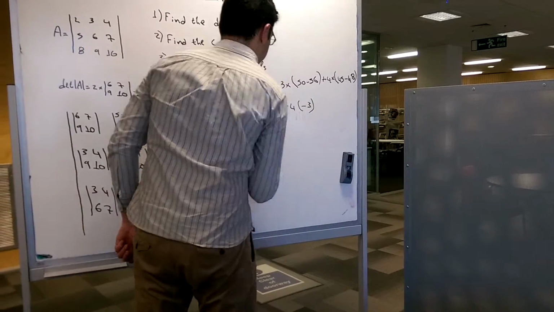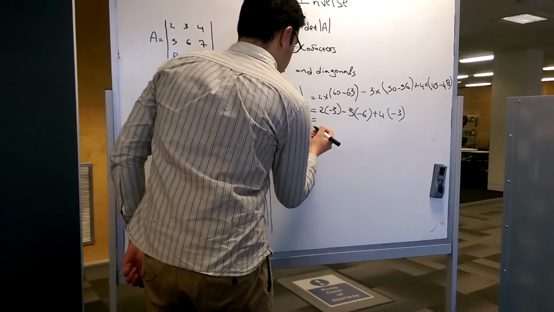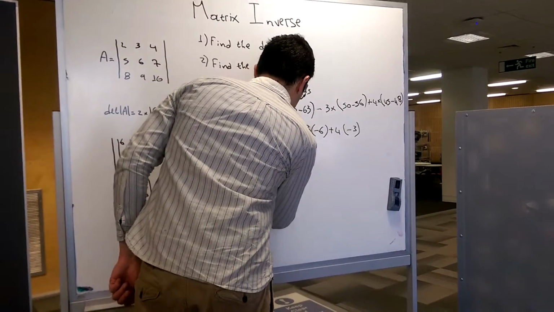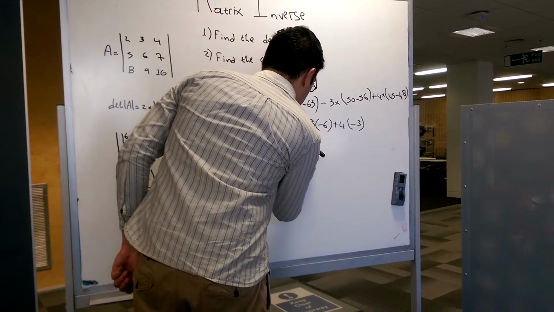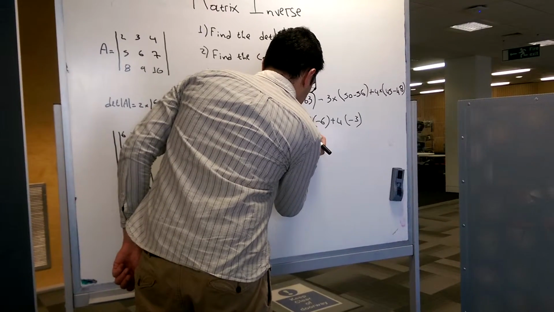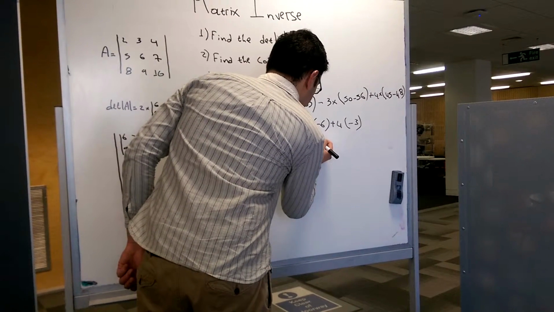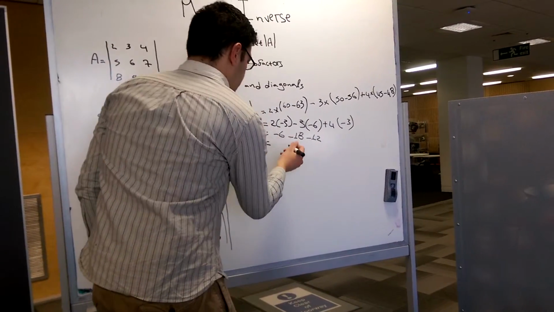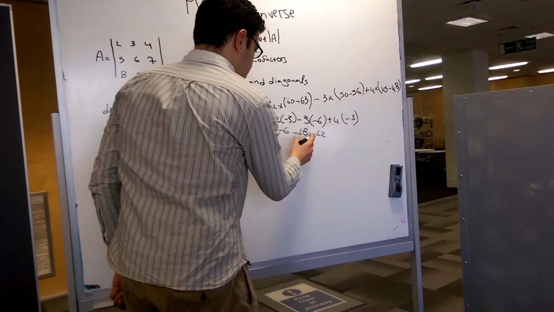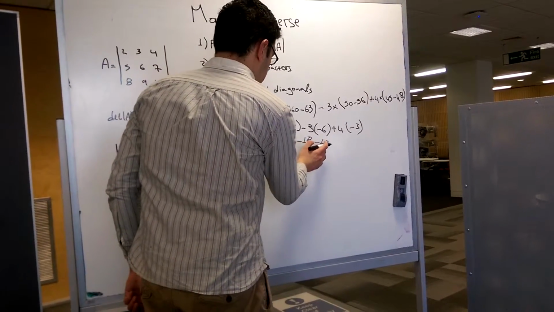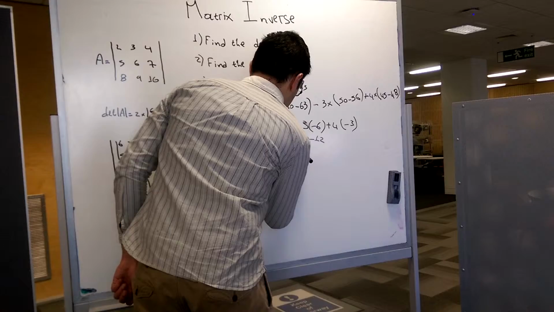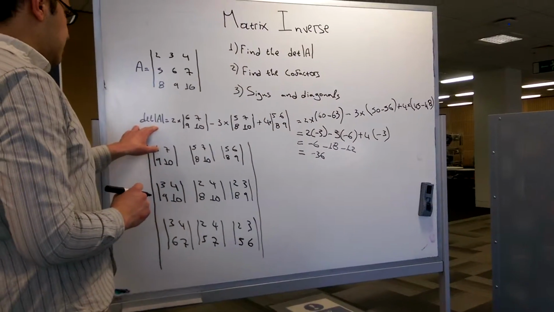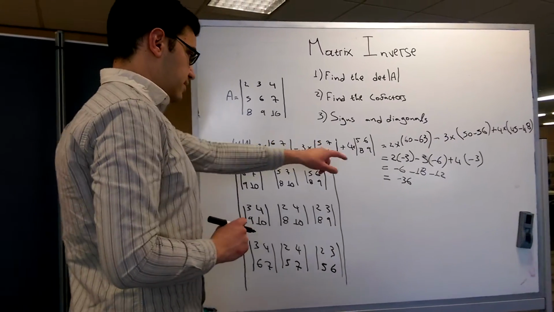So this is minus 6, minus 18, minus 12, and this is 24 minus 36. So the determinant of A is minus 36.